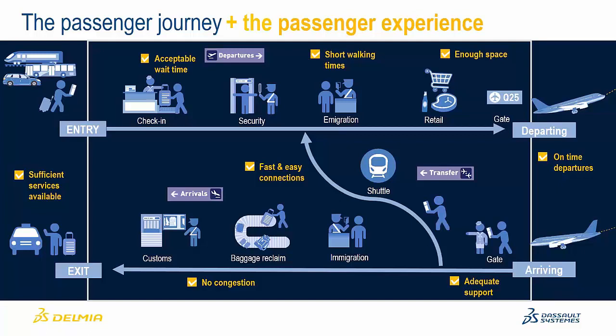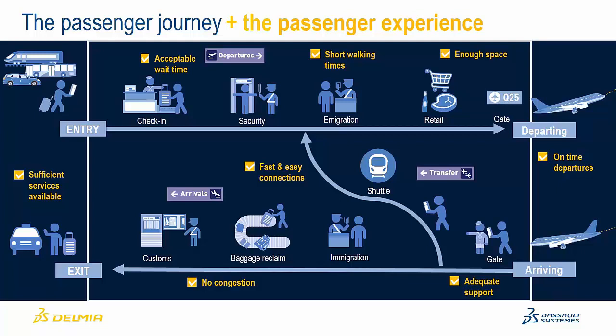But also at the end of the journey, we look at whether there are sufficient taxis available or parking space available. So basically, in each of the touch points that the passenger has in the airport, there is a certain expectation that contributes to the overall passenger experience.